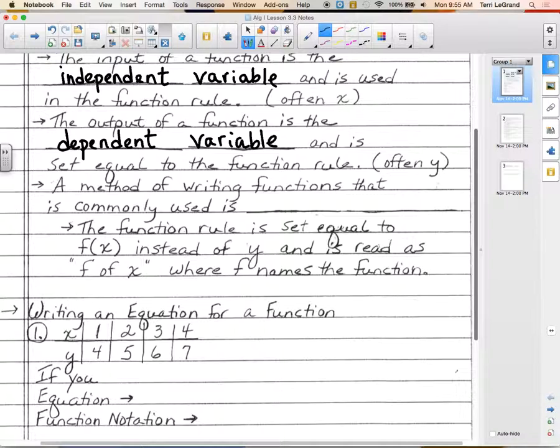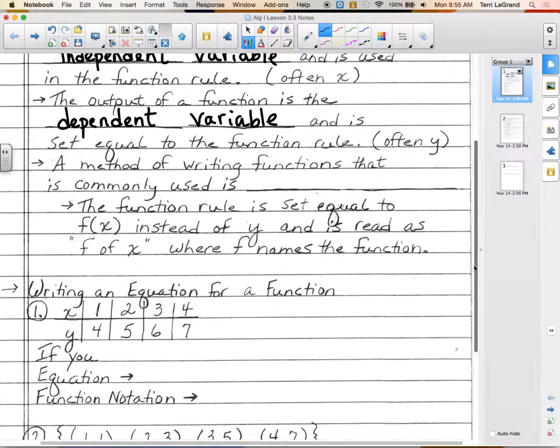And then a method of writing functions that is commonly used is our second learning objective, function notation. When they ask you to write the equation in function notation, you have to know what they're asking you to do. So the function rule, instead of being set equal to y, is set equal to f of x.